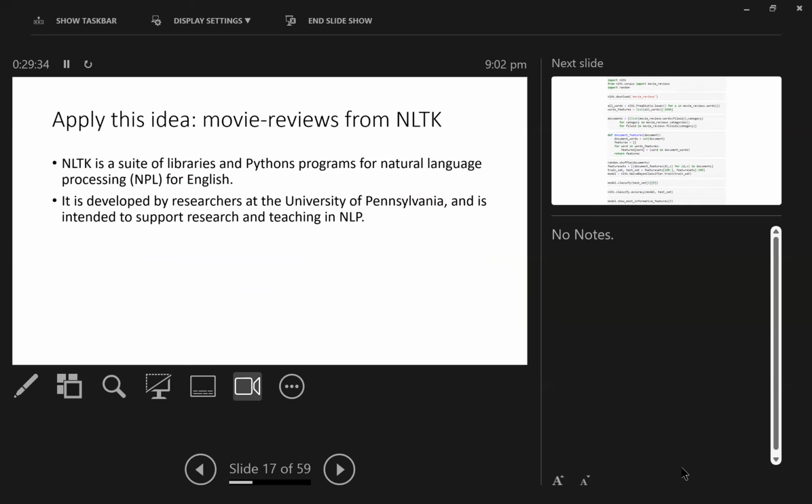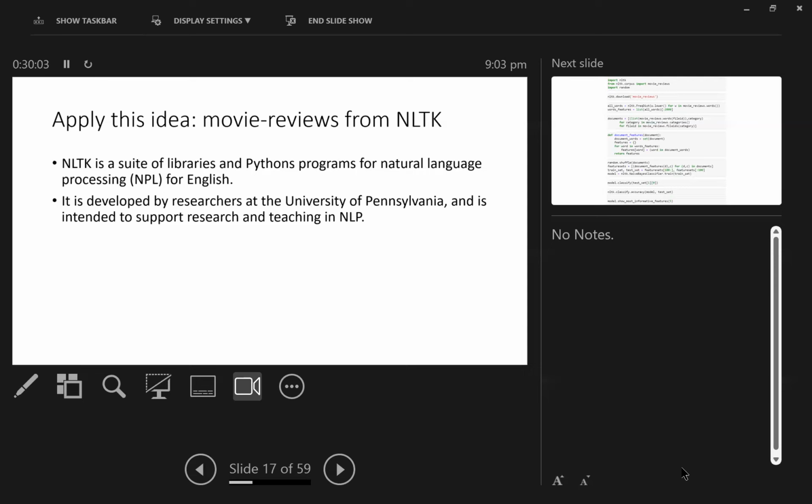Now, here it gives you an example of how to make use of this. In this example, the data that we are going to use are from a library, from NLTK, the Natural Language Toolkit.